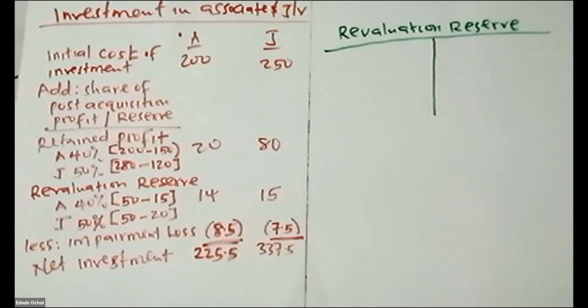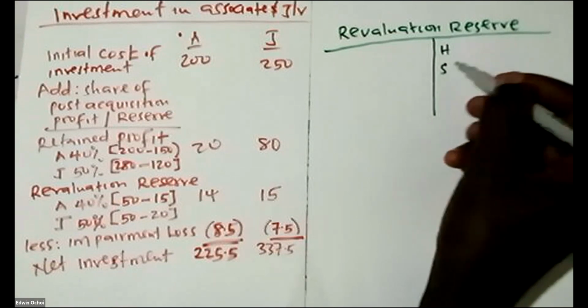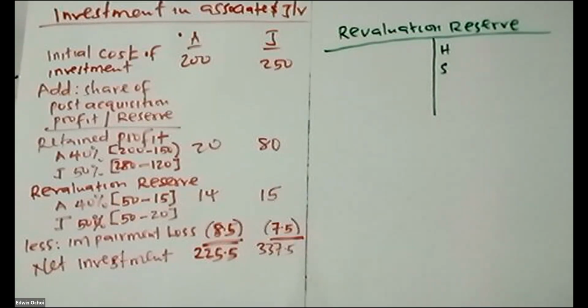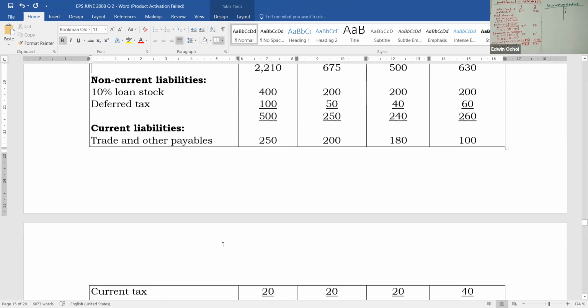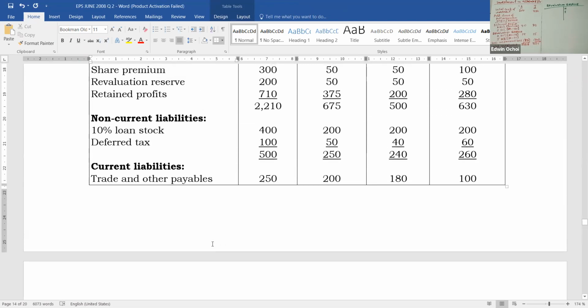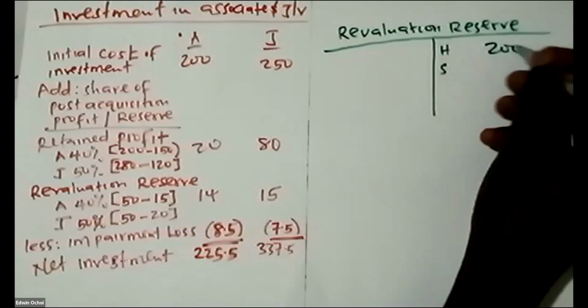So for the revaluation reserve, you pick H and S. The revaluation reserve of H and S from the statement of financial position was that one of the parent and that one of the subsidiary, 250. So 200 and this 50.